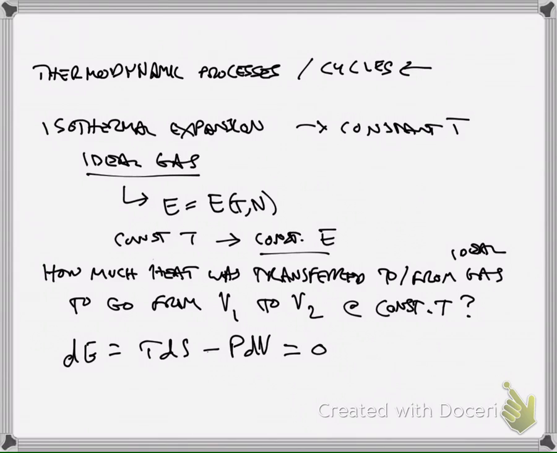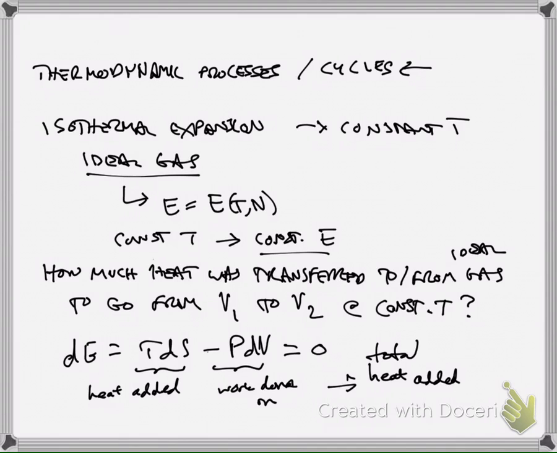So if that's true, then if this is the heat added, the energy added in the form of heat, and this is the work done on the gas, then the sum of these things has to be 0, which implies that the heat added total must equal the integral of P dV from V1 to V2, right?